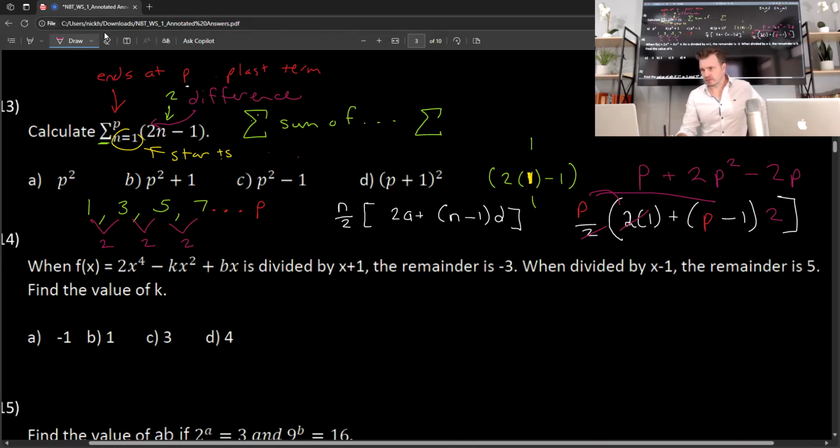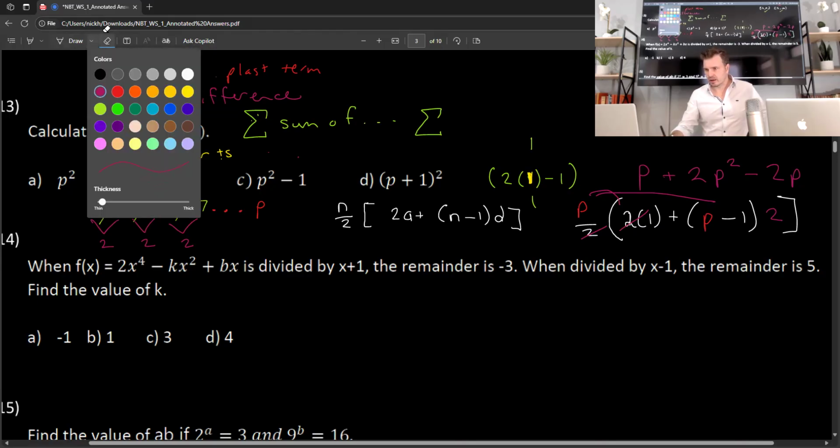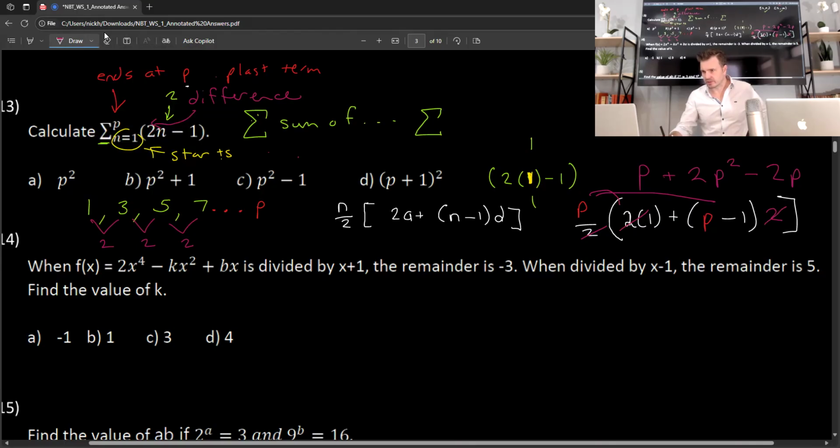Sorry, why did I say p squared? Oh yes, when I times this in, this p over 2. So this 2 also cancels with that, right? Because when I times p over 2 cancels with this 2, cancels with that 2.